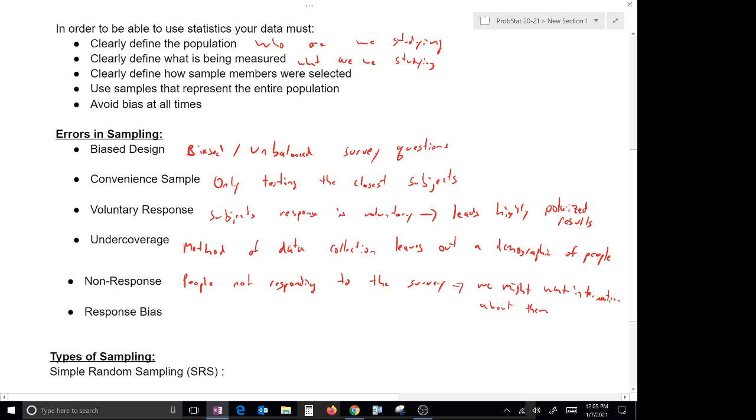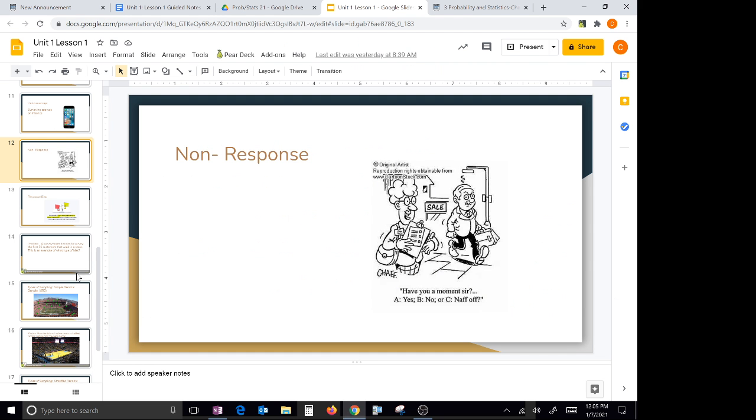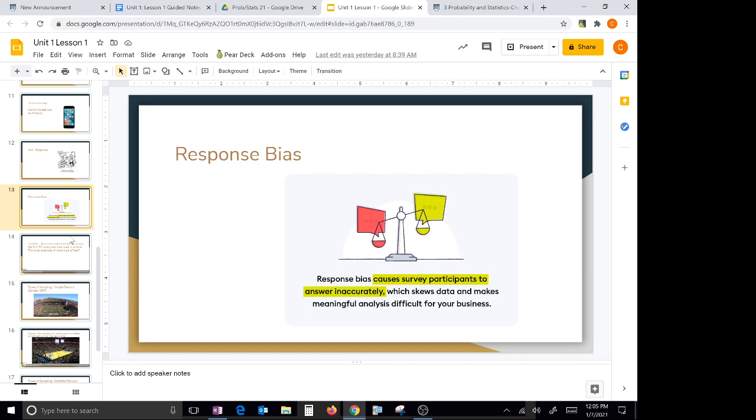Same thing with response bias. If we actually do get people to respond, if they're in a certain situation where they might be pressured socially to answer one way or another, you might get a bias. So an example I could think of is, let's suppose you're surveying people at a Broncos game and you're asking about another football team or something like that, or how they feel about the Broncos maybe.